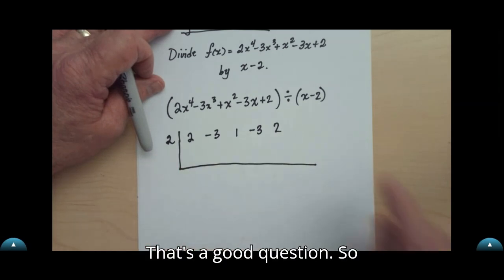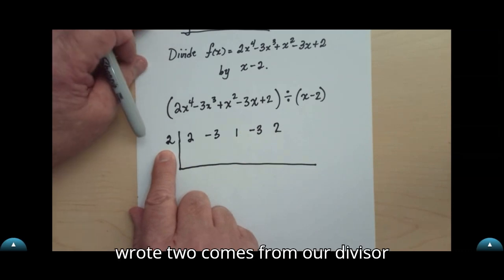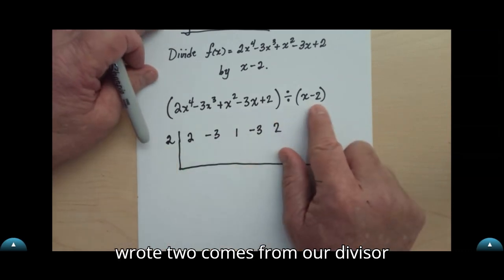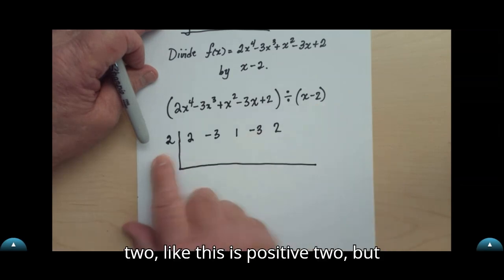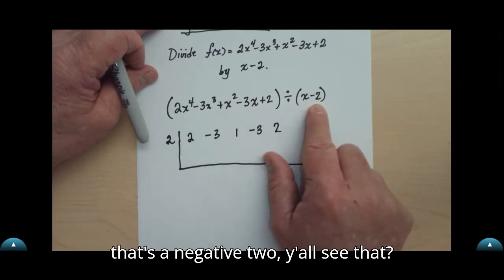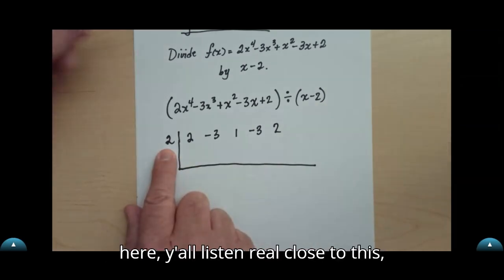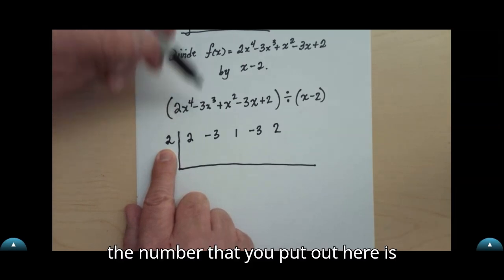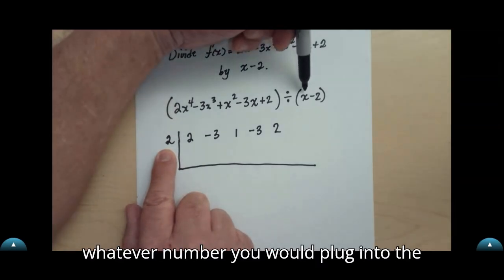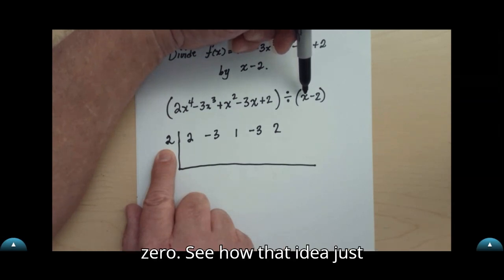That's a good question. So the number on the outside here where I wrote 2 comes from our divisor x minus 2. Well, this isn't x plus 2, like this is positive 2, but that's a negative 2. Y'all see that? It's because whatever number you put here, y'all listen real close to this. The number that you put out here is whatever number you would plug into the divisor in place of x to make the divisor 0.